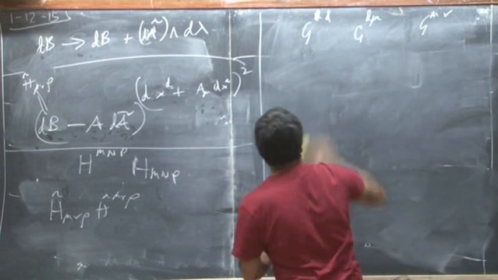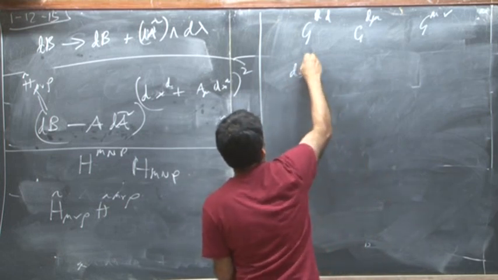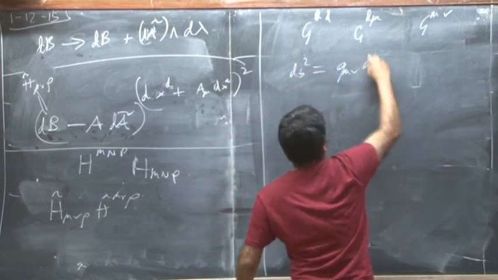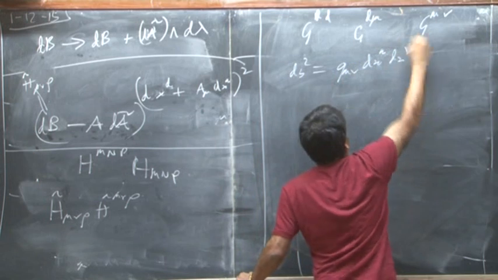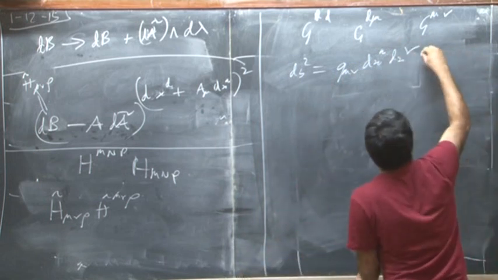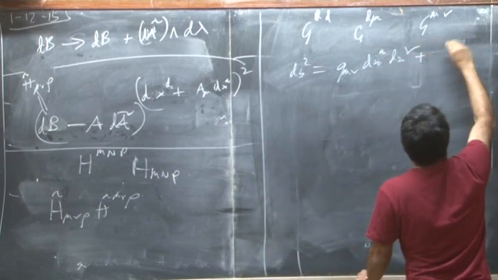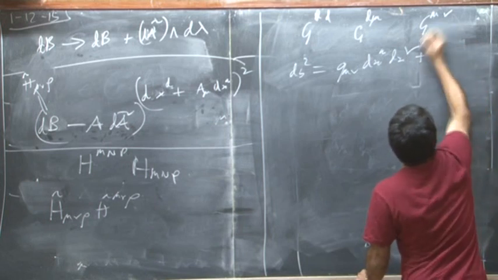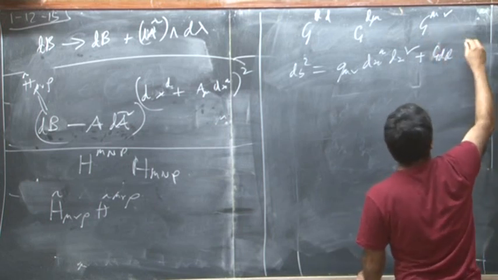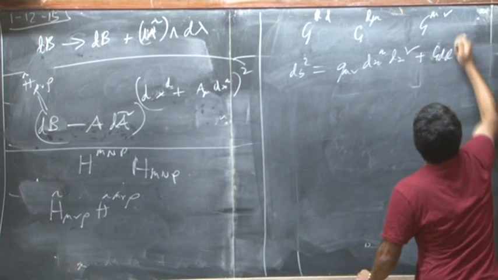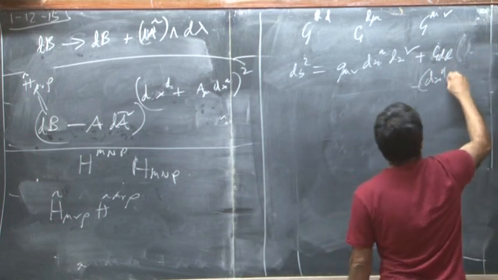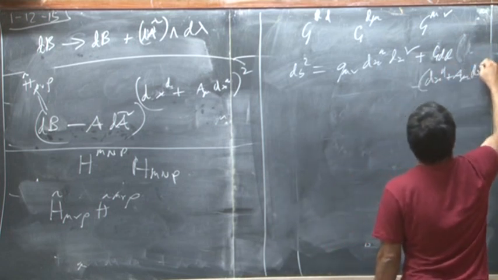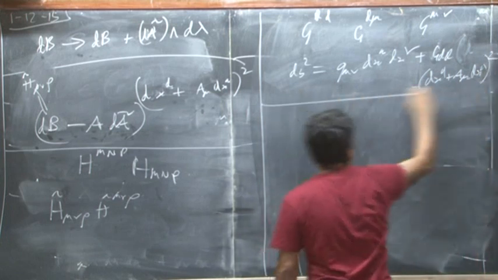Okay, so let me first remind you what the metric was. The metric was ds squared equal to g mu nu dx mu dx nu, plus the d direction term, dx d plus A mu dx mu, everything squared.